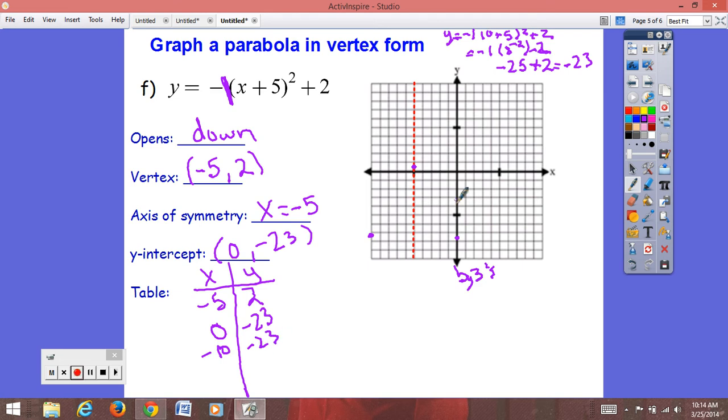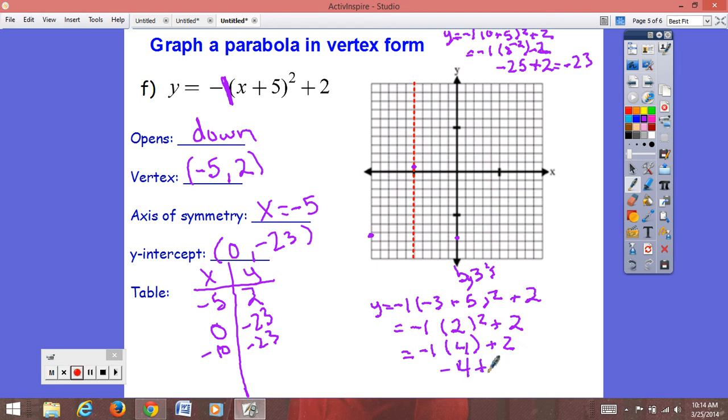I'm going to need to pick one more x. I'm going to pick -3. So we have y equals -1 times -3 plus 5 squared plus 2. So it gives us -1 times -3 plus 5, which is positive 2, squared, plus 2. 2 squared is 4, times -1 is -4, plus 2 equals negative 2.